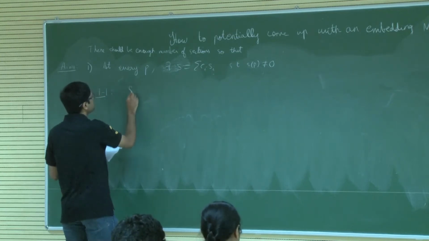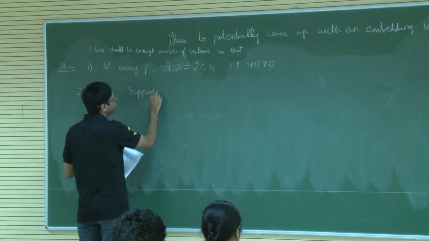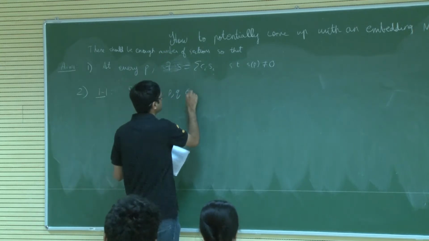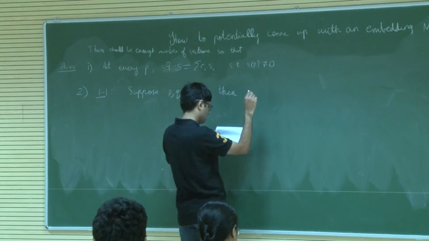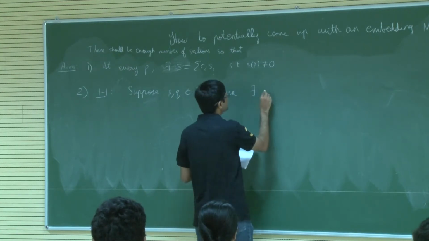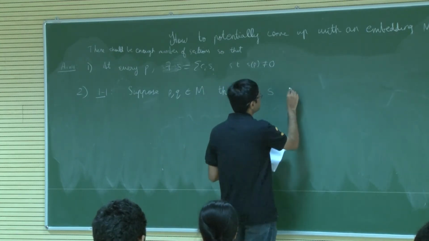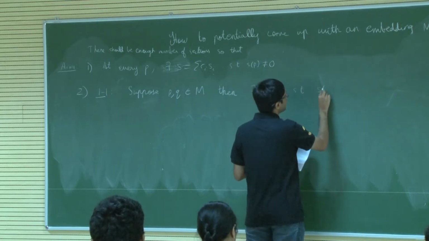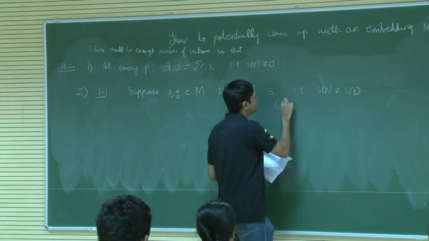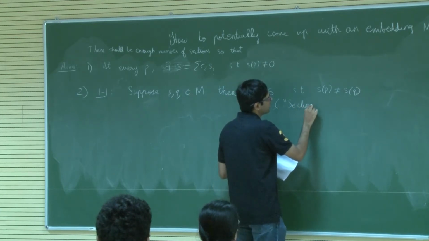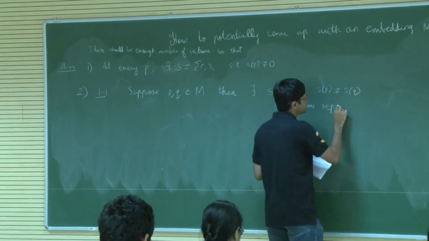Second thing is we want it to be one-to-one. Namely, suppose P and Q are 2 points in M, then there should exist at least one section S such that S of P is not equal to S of Q. This is informally written as sections separate points.